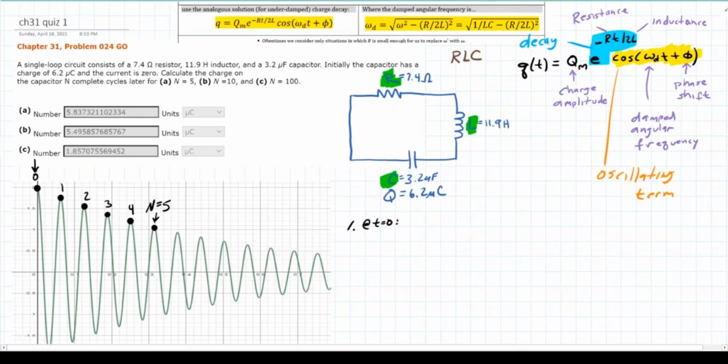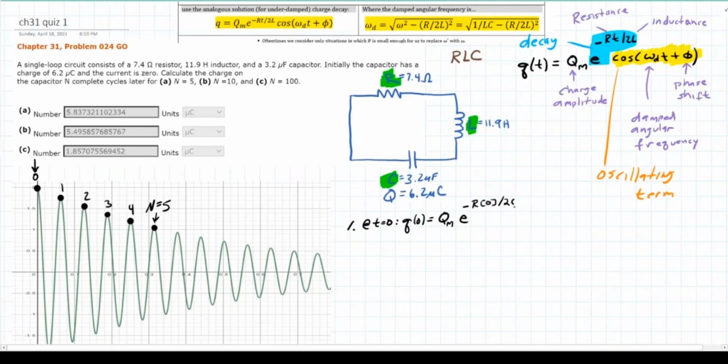So at time equals 0, the charge Q at 0 is going to equal the maximum charge, the charge amplitude, e to the minus R times 0, t is equal to 0, all over 2 times the value of the inductance.